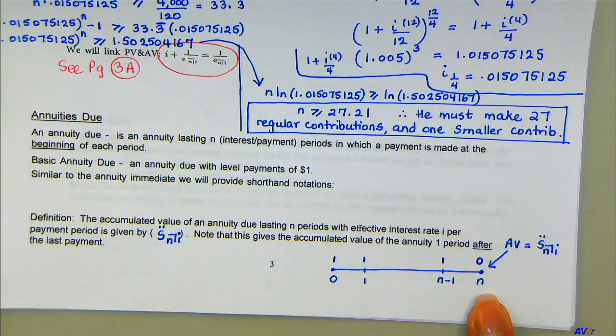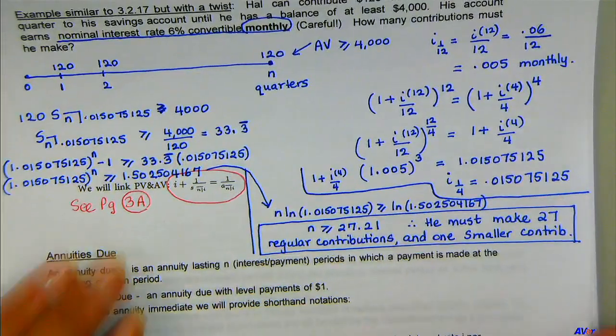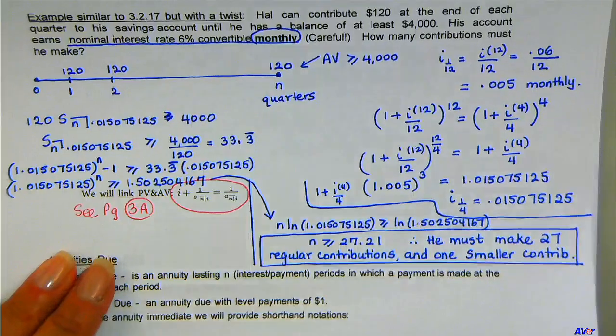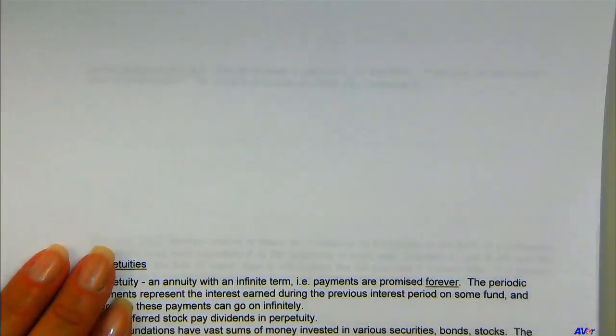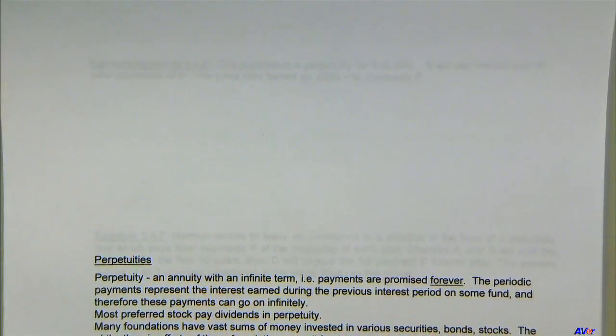Okay, next page, page 4. Let me start drawing some pictures so you can see. So let's call this 4A or 3B.